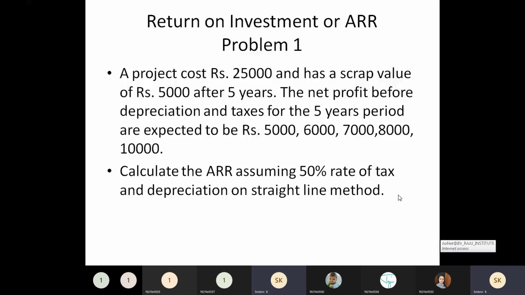Already we have discussed about this, no? ARR, the beginning classes. So you need to find out the profits after tax. See here in the problem, the net profit before depreciation and the taxes was given. So you have to convert this before depreciation and taxes into after tax and before depreciation.